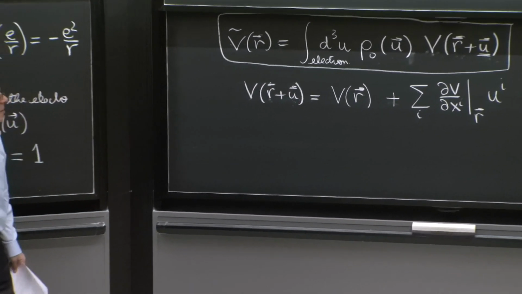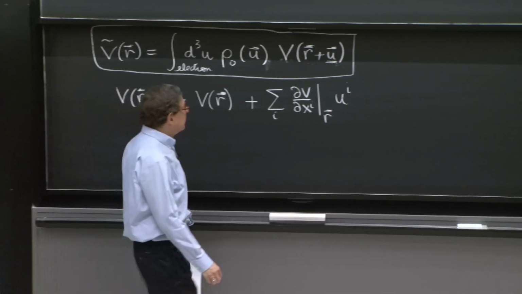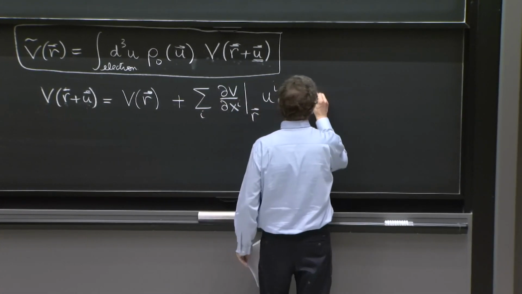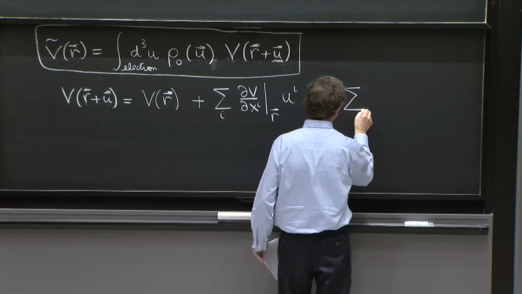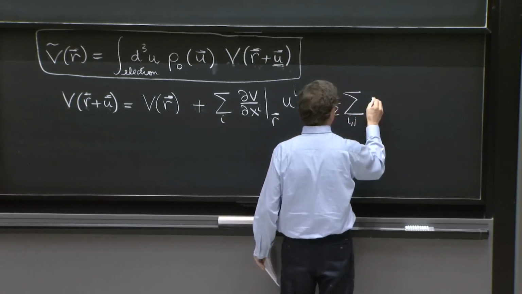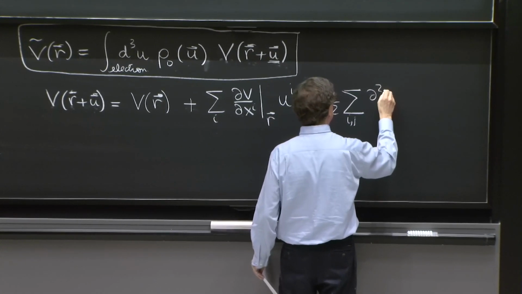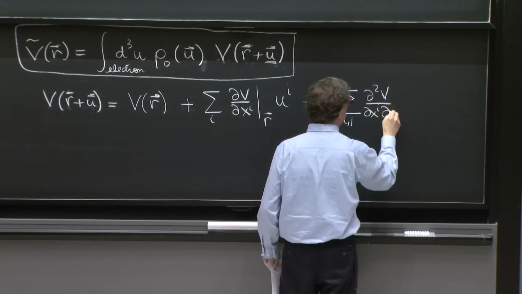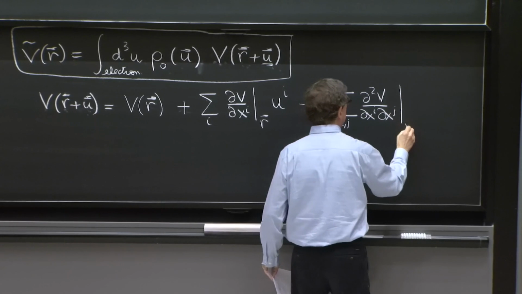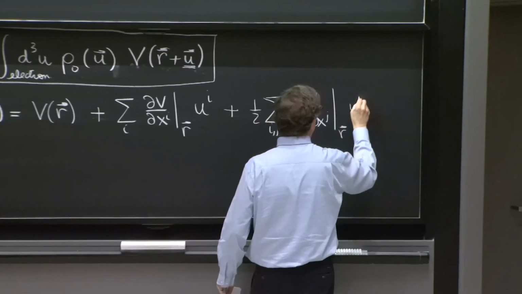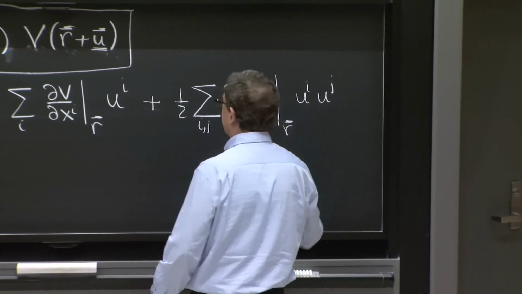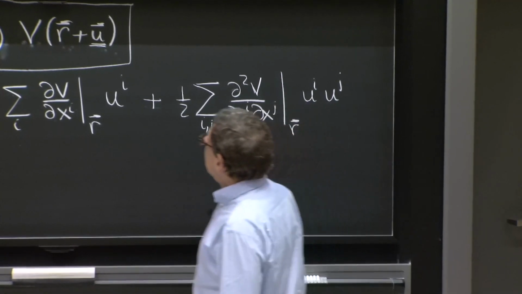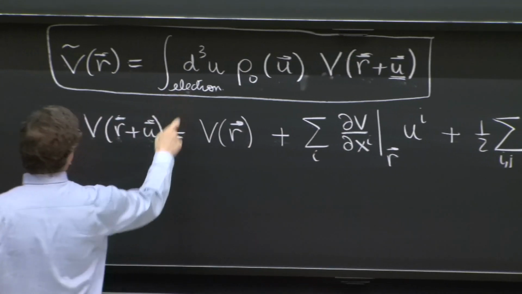That's the first term in the Taylor series, and we need one more, plus 1/2 sum over i and j, the second derivative of V, d squared V dxi dxj, evaluated at R, ui uj. And then we have to integrate here.